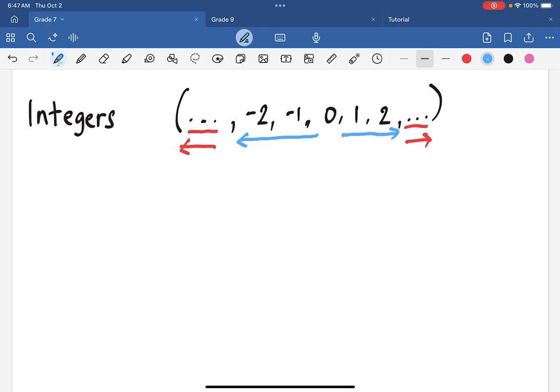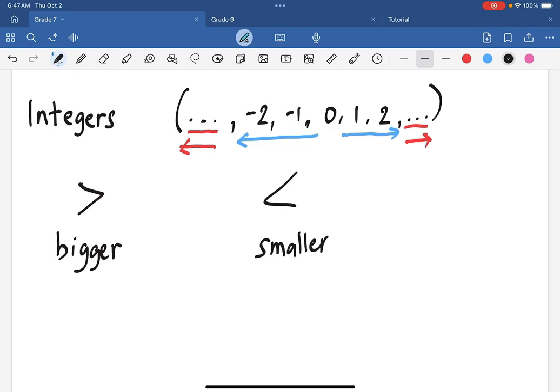Now, you should remember that in comparing numbers, we have symbols like greater than and less than. Greater than means that one number is larger or bigger than the other. Less than shows that one number is smaller than the other.